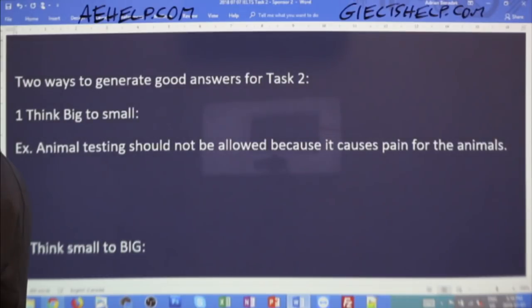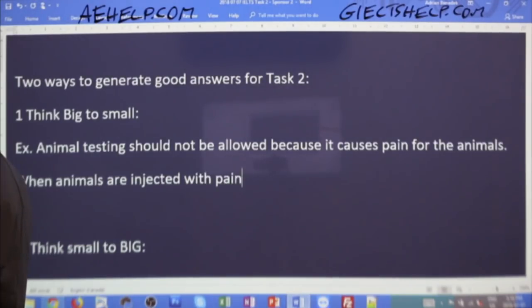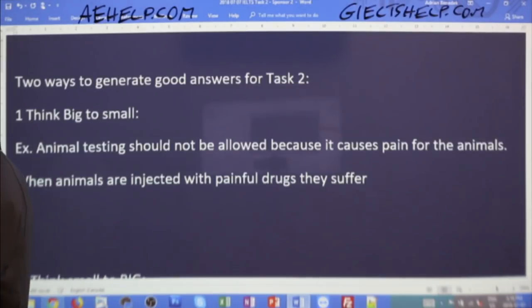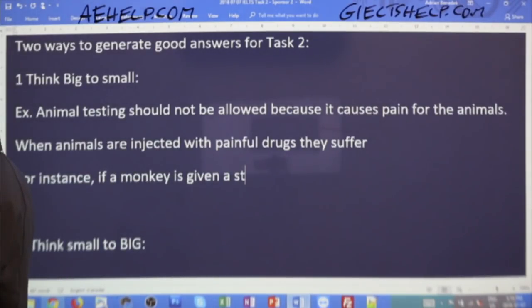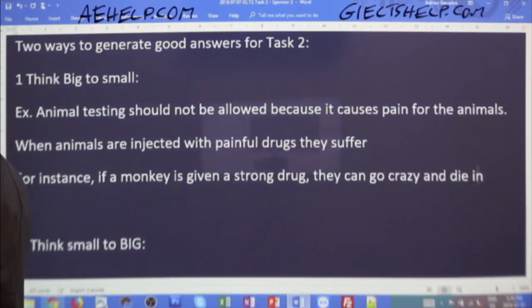When animals are injected with painful drugs, they suffer. For instance, if a monkey is given a strong drug, they can go crazy and die in a cage.